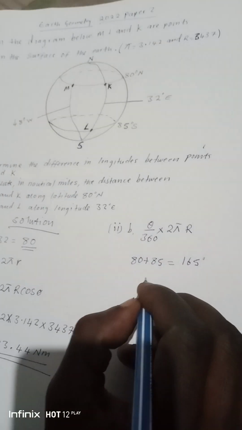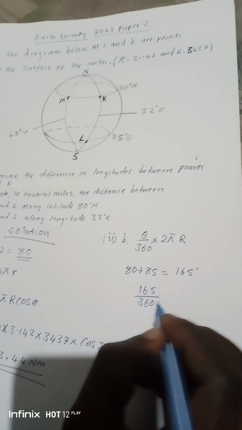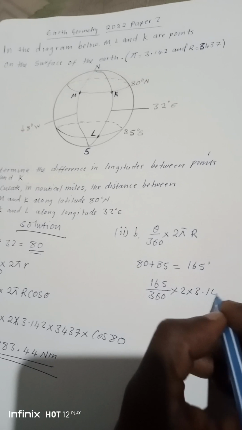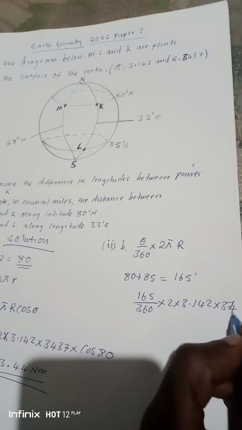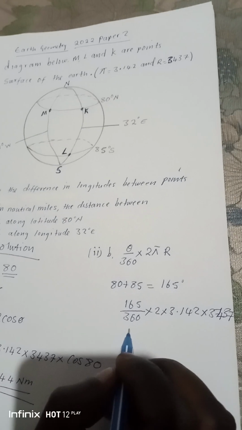So there we are going to say 165 over 360 times 2 pi, where pi is 3.142, times 3437.